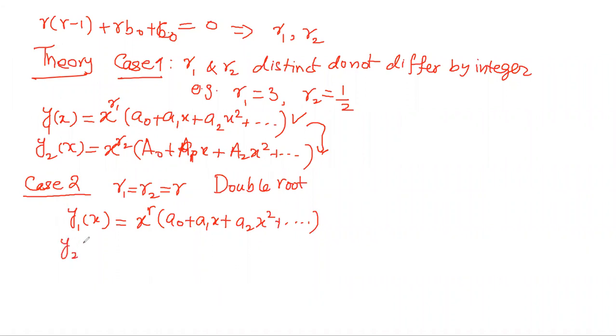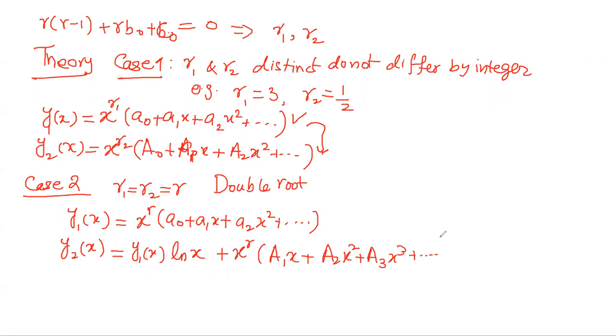However, the y2 solution will involve a term which is log of x. So y2 will be equal to y1 of x times log of x, plus possibly other terms: a1 x plus a2 x square plus a3 x cubed and so on.